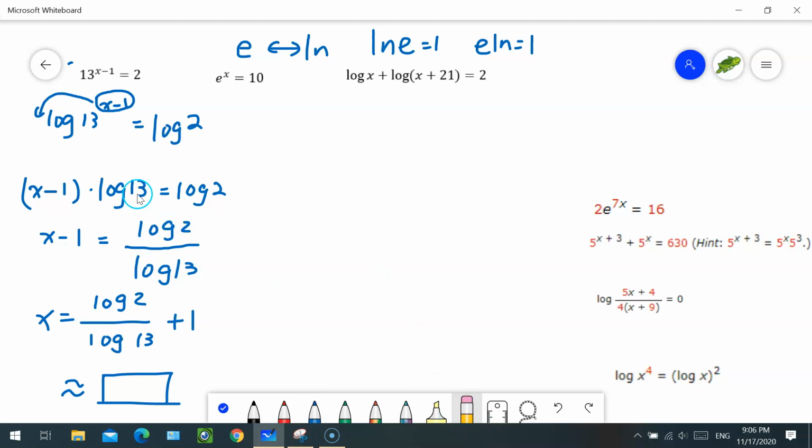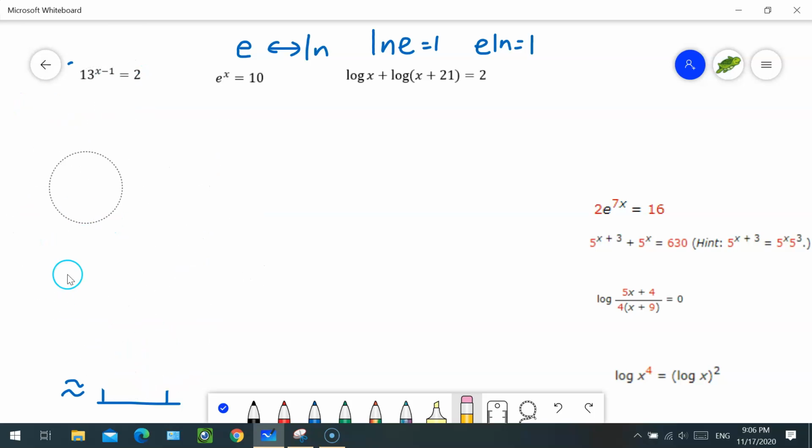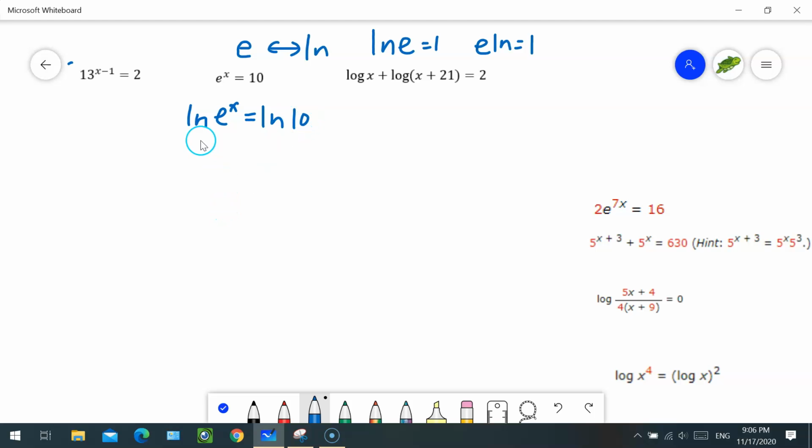So now I'm going to solve e to the power x equals 10. How do we do this question? So I saw the e here. Then I raise up ln on the left hand side and do the same thing to the right hand side. Now ln e, we can simply cross out. Then you solve for x equals ln 10.